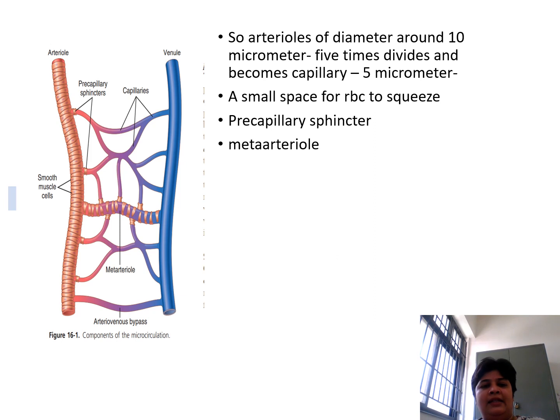Ready? And this structure is near the tissue. Fine. So the tissue, on need, like in hypoxia, nutrition need or excessive carbon dioxide, will act on this metarteriole and pre-capillary sphincter and regulate its own tissue blood flow.